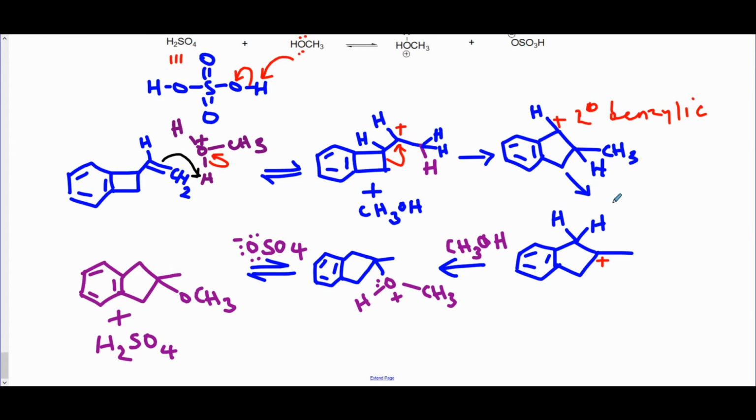So probably you might want to do rearrangements. This methanol will come back to attack, which is the methanol that fell off from the first step, to attack the plus charge. You end up with this product.